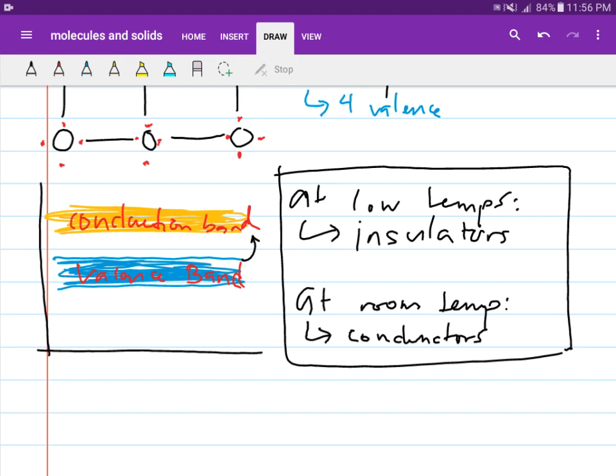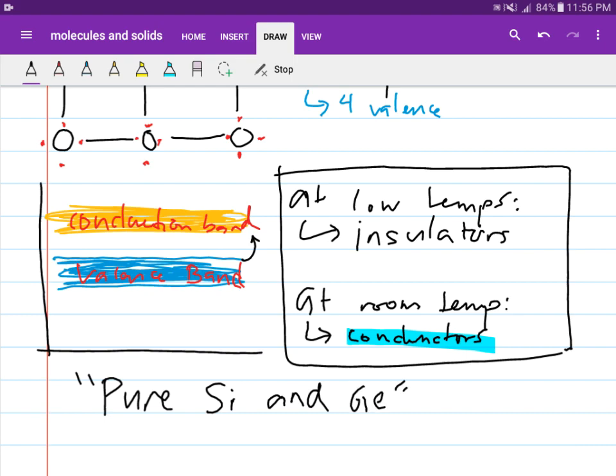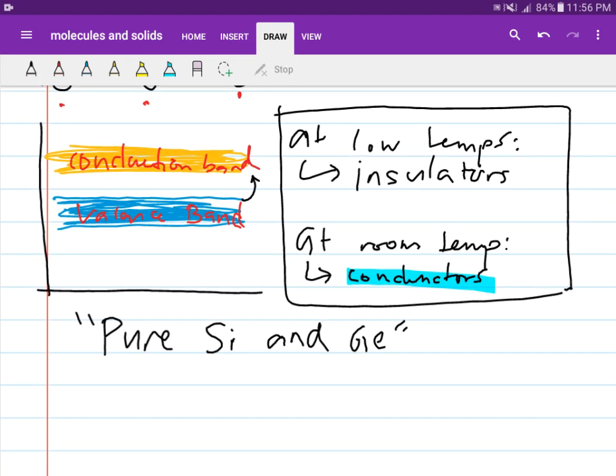Even though they are conductors at room temperature, pure silicon and germanium are actually poor conductors of electricity.